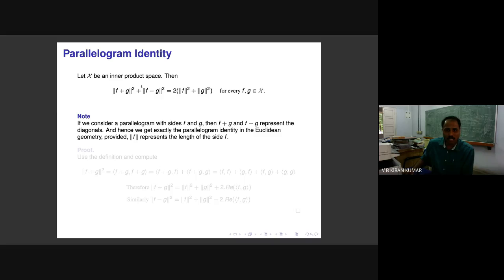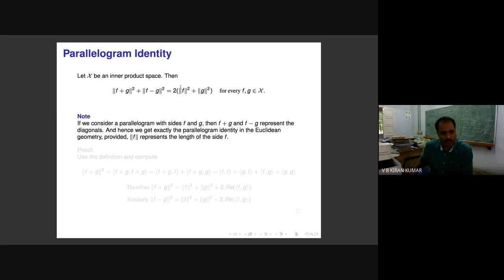If norm represents the size of the vector, then this represents the square of the length of the first diagonal, this the square of the length of the second diagonal, and this the squares of the lengths of the sides. So this gives you exactly the parallelogram law in Euclidean geometry.